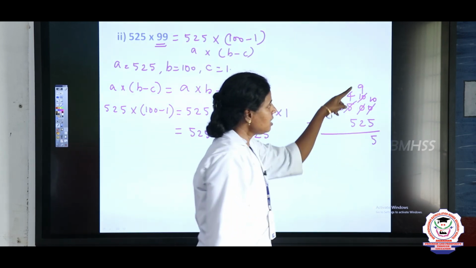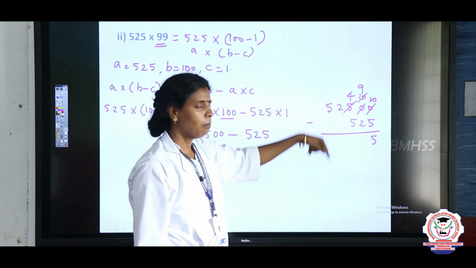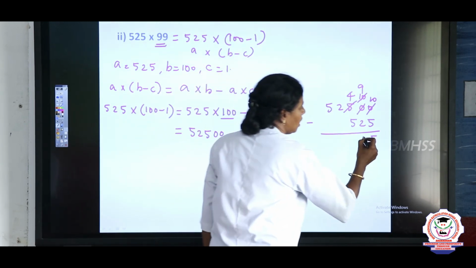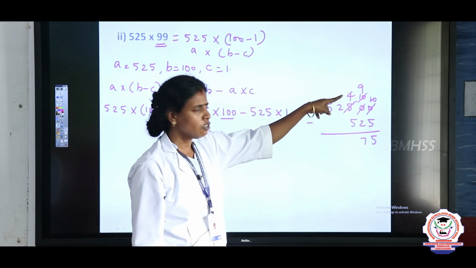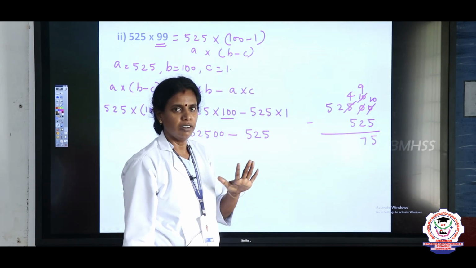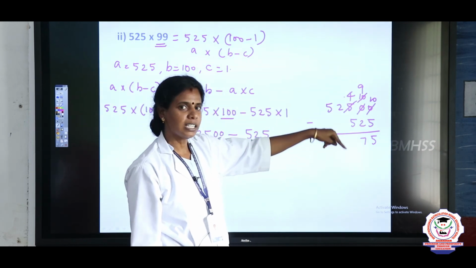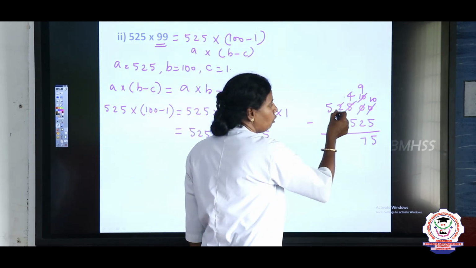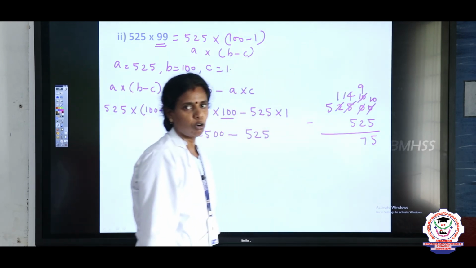Next subtract this 9 minus 2. What is 9 minus 2? 9 minus 2 is 7. And 4 minus 5. Can you subtract 4 minus 5? 4 is smaller than this 5. So we can't subtract. So again we are going to borrow from this 2. 2 will become 1 and 4 will become 14.